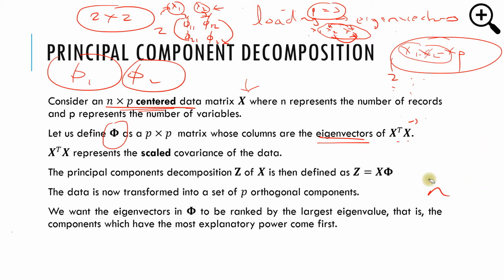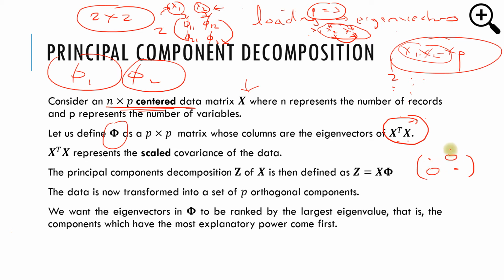So the phi is our loading, the vector loadings. They are basically eigenvectors obtained for the matrix X transpose X. X transpose X is just like finding the variance covariance matrix. So you will have a variance here and a covariance here.